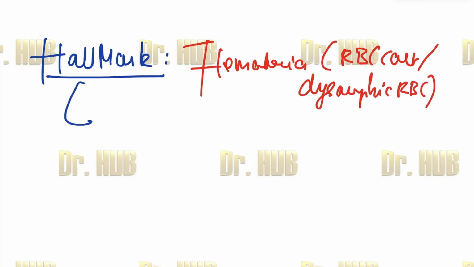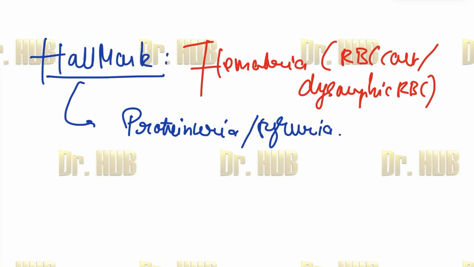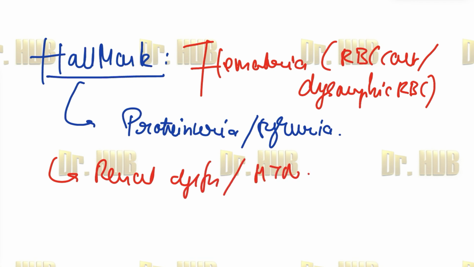Next, there are varying degrees of proteinuria and pyuria. Renal dysfunction can also be seen, as well as hypertension. Hypertension is a common feature in both of them.